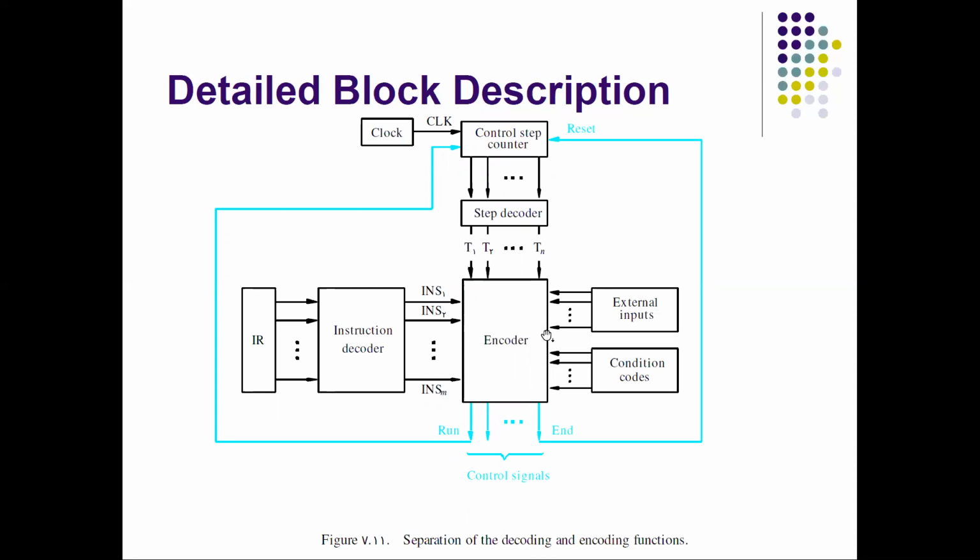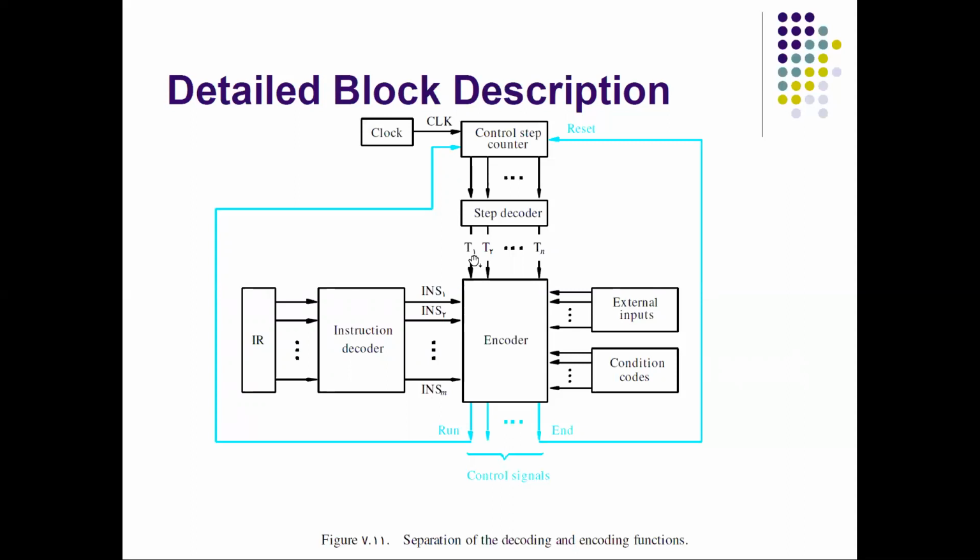This is the encoder, which has the inputs from the instruction register, control step counter, external inputs and condition codes. The instruction that is selected goes to the instruction decoder, which has a set of micro instructions to be executed. Each of these micro instructions will be executed at a particular time.